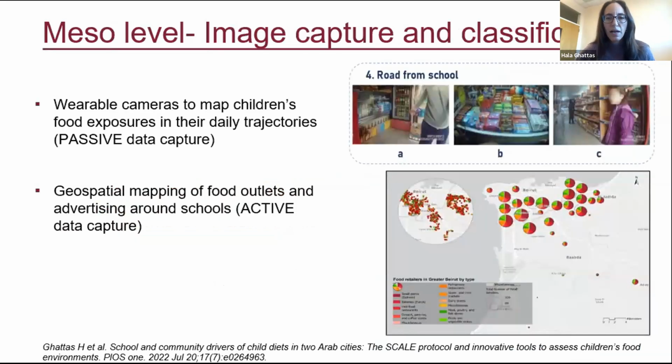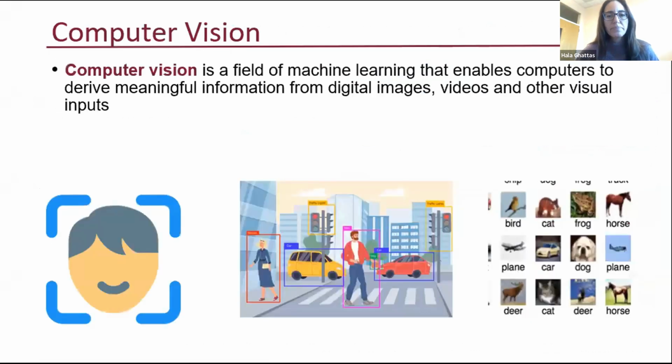And I just want to briefly highlight that for the purposes of our study, the methods we used to capture data on these food environments really relied on images that we collected either passively using wearable cameras or actively through ground truthing and geospatial mapping.